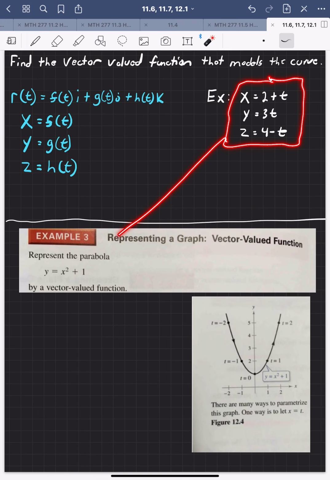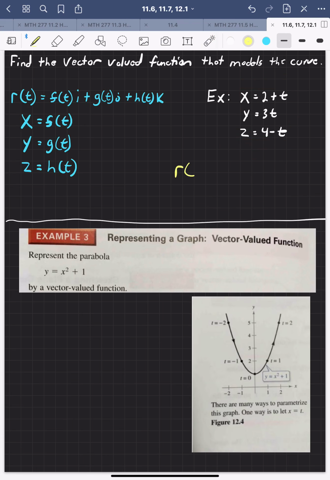right? Obviously, looking forward, example 3, that is not in parametric form. But let me just show you how easy it is if it is in parametric form. Ready? So assume that example 3 asked us to find the vector valued function, and this is the description that they gave us. Well, watch how easy this becomes. So the answer, R of t, would be, let me go ahead and write my i, j, and k.